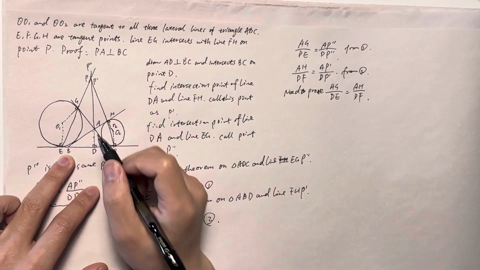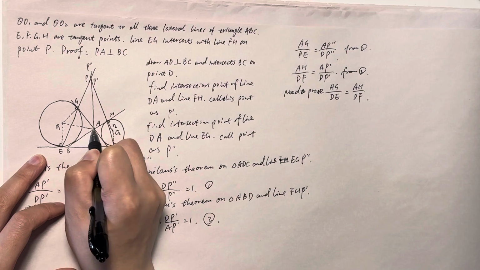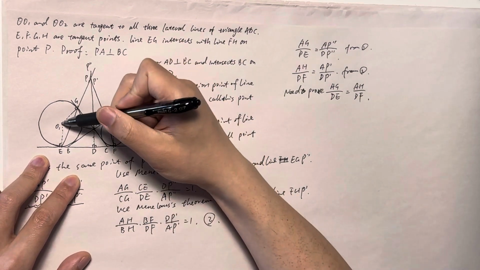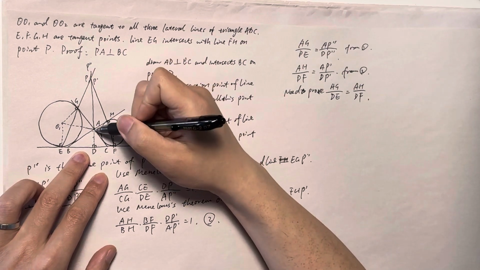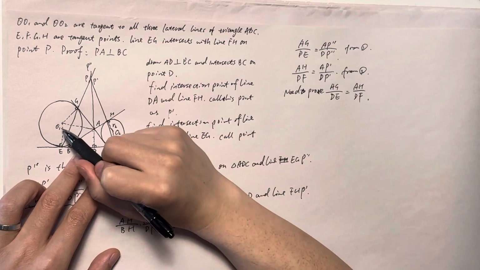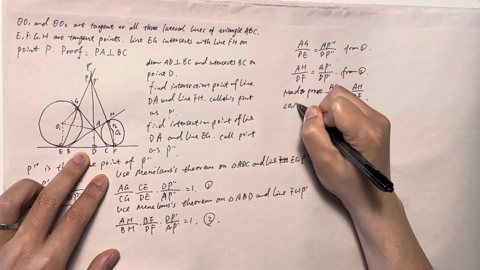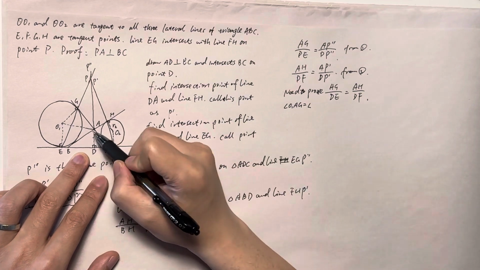So if we connect O1 to point A, the angle O1AG equals angle O1AB.